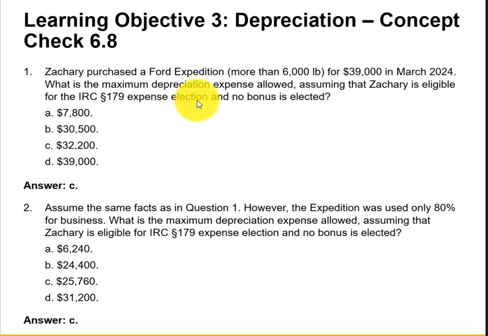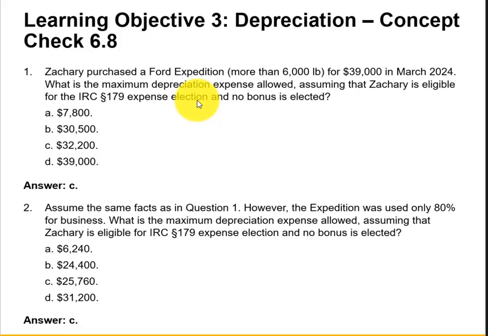So if we bought a Ford Expedition more than 6,000 pounds, they specify for $39,000. If we use the Section 179 and no bonus, we take Section 179 of $30,500. The other $8,500 we calculate using the tables.